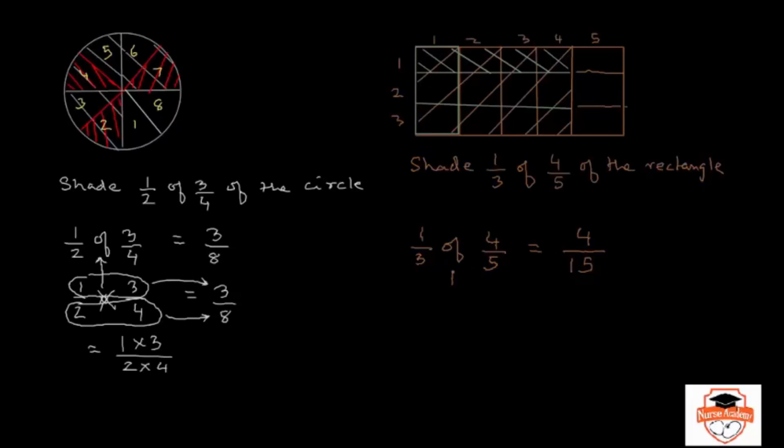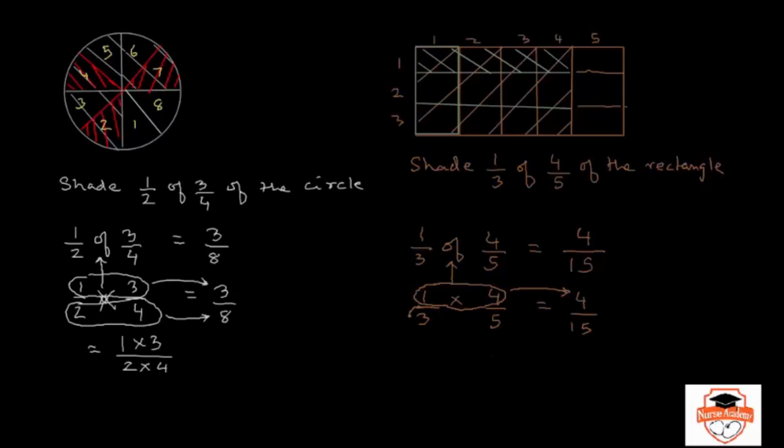And if you replace of with multiplication, like I said, we have 1/3 times 4/5 is equal to 4/15. And that rule works on this one as well. When you multiply the numerators, 1 times 4, it gives you the numerator of the product.